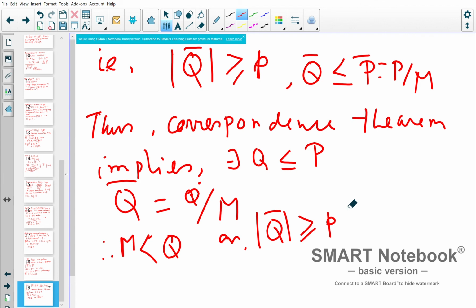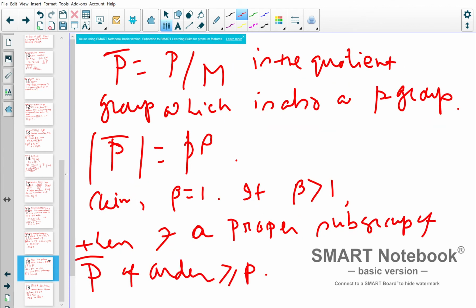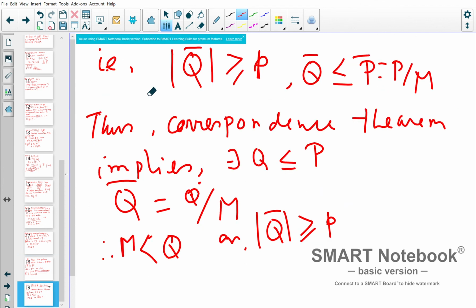Clear? So what does that mean? Here I am assuming that Q bar is a proper subgroup of P bar.